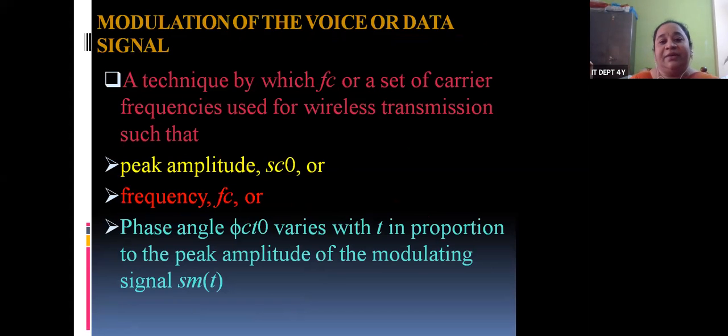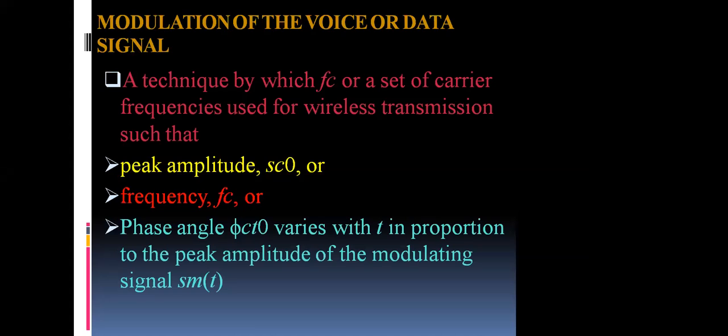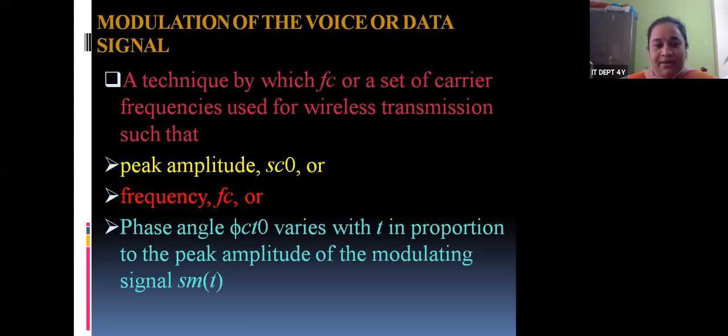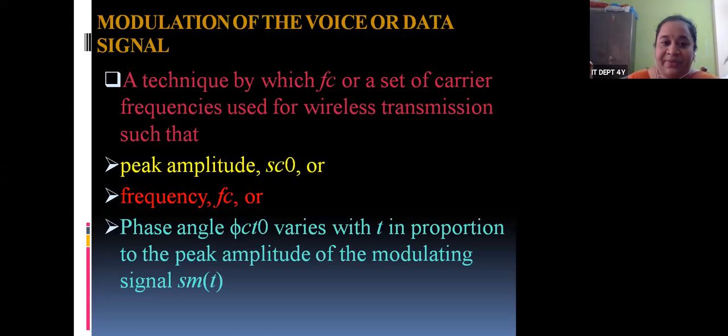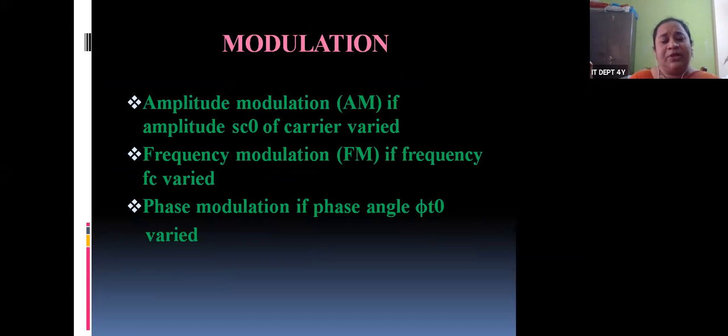So here is a technique by which you alter the frequency of a carrier. The carrier signal is represented with the suffix C, a set of carrier frequencies used for wireless transmission, in which you change either the peak amplitude of the signal SC, or the frequency FC, or the phase angle phi C. The modulating signal parameters are represented as SM, FM, or phi M. Depending upon the parameter that we choose, the modulation technique is defined.